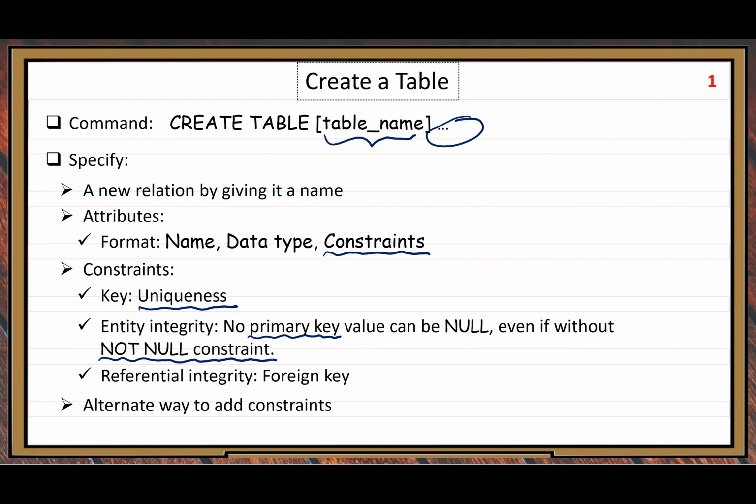Alternate way to add constraints. Here is the direct way: when you describe a table, you add a constraint at the same time as you define the table. But you don't have to; you have a second chance to add constraints. That is the alternative way.